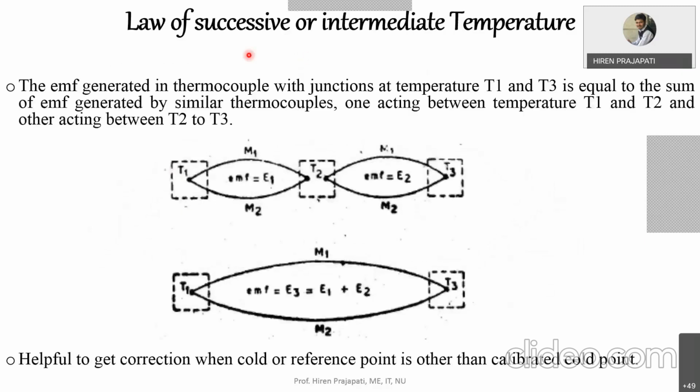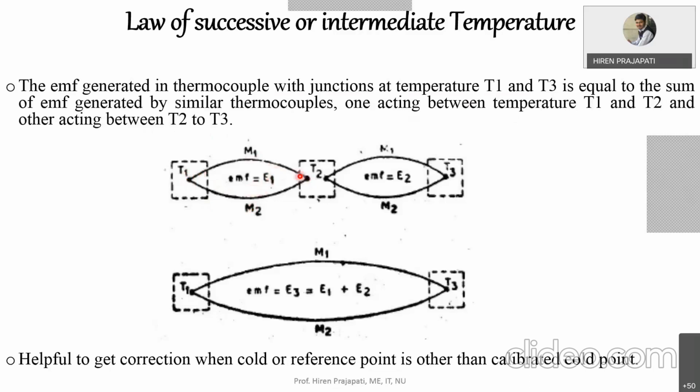Second is the law of successive or intermediate temperature. As per this law, the EMF generated in a thermocouple with junctions at temperatures T1 and T3 equals the sum of the EMFs generated by similar thermocouples, one acting between temperatures T1 and T2 and the other between T2 and T3. So if we use a material combination M1 and M2 with the cold junction at T1 and the hot junction at T2, that will generate EMF E1.